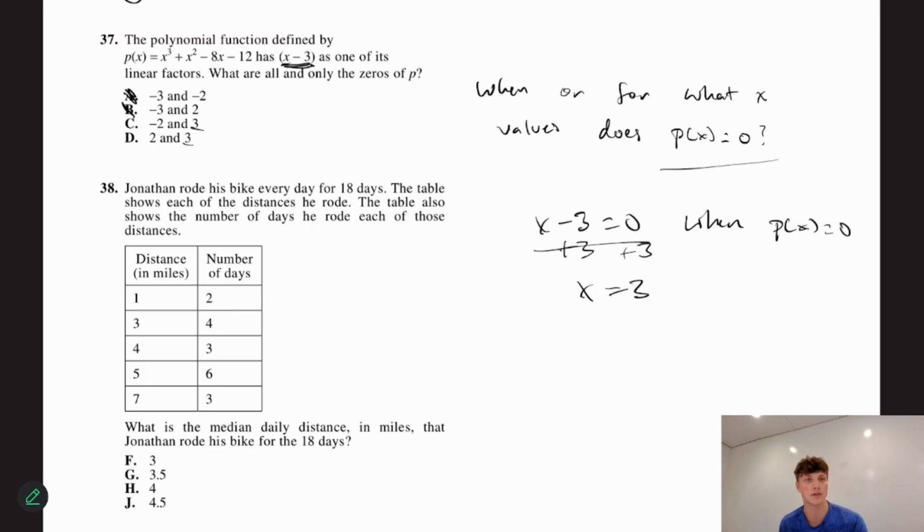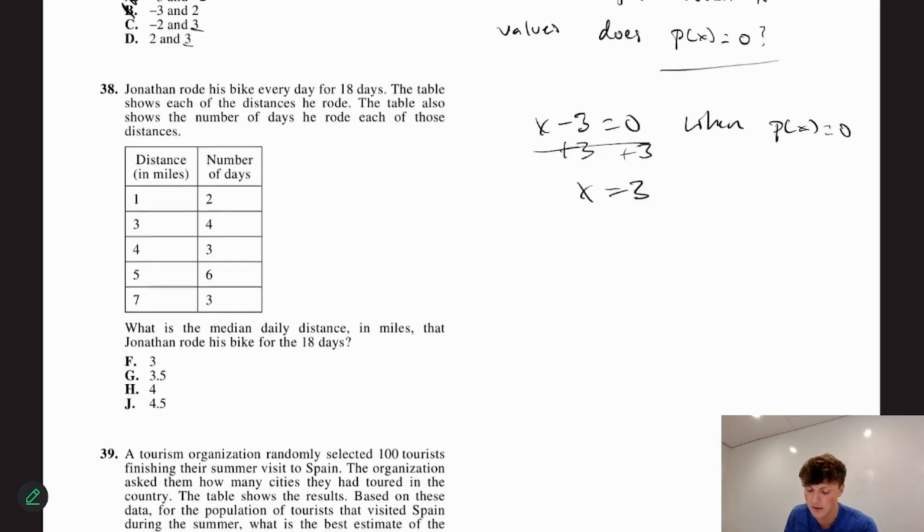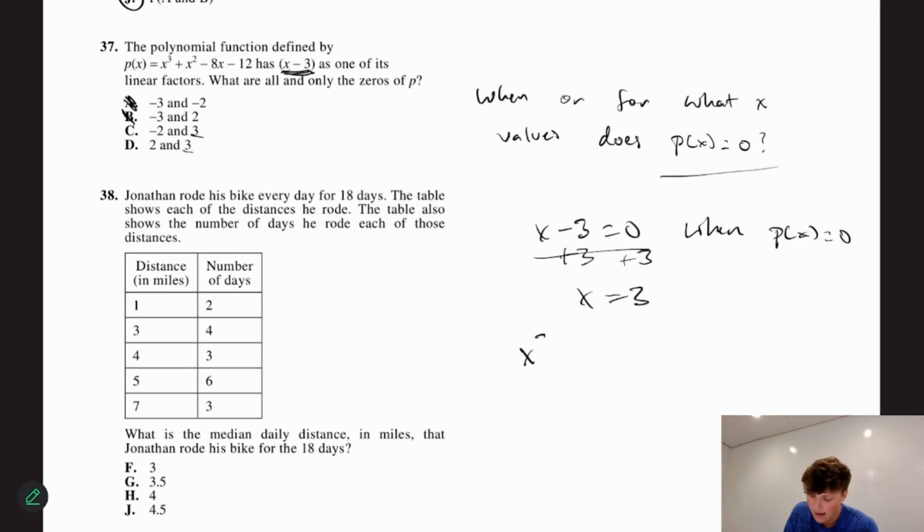If we didn't have any answer choices, the proper way to do this would be to take x cubed plus x squared minus 8x minus 12 and take out the linear factor we know of, because it's tough for us to solve for x from here when we set it equal to 0.